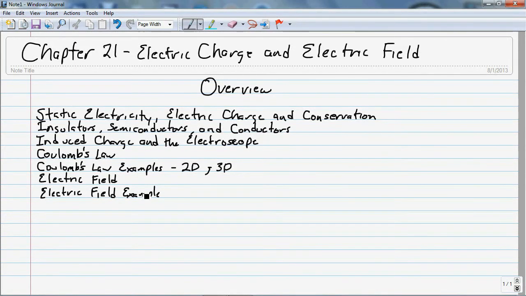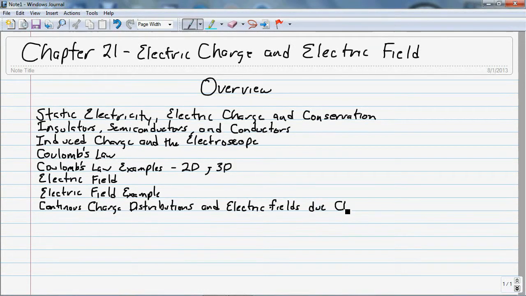And then really to make the electric field useful, we're going to talk about continuous charge distributions, and electric fields due to charge distributions. We'll have some examples of that.